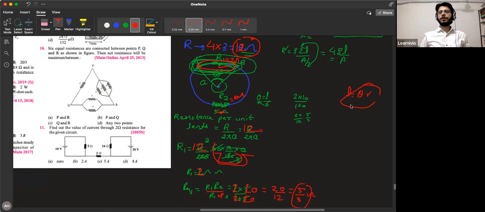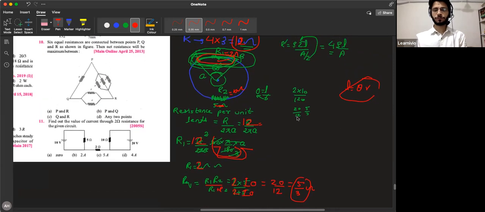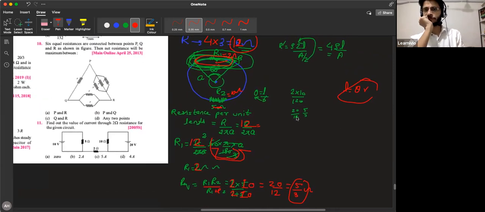See, by the time we finish magnetics, we will complete the revision of current also. Yes, Nabil, just 1 second.